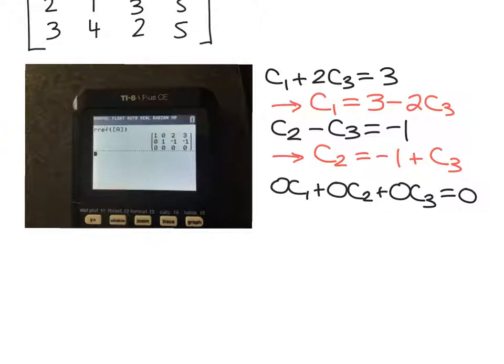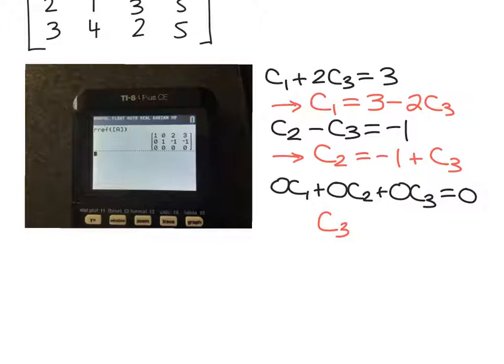But what it's really saying is no matter what I put in for C1, C2, and C3, I'm going to satisfy this equation. Well, I have a relationship between C1 and C3 in my first equation. I have a relationship between C2 and C3 in my second equation. The issue is I don't have a relationship, at least an obvious one, between C3 and C3.